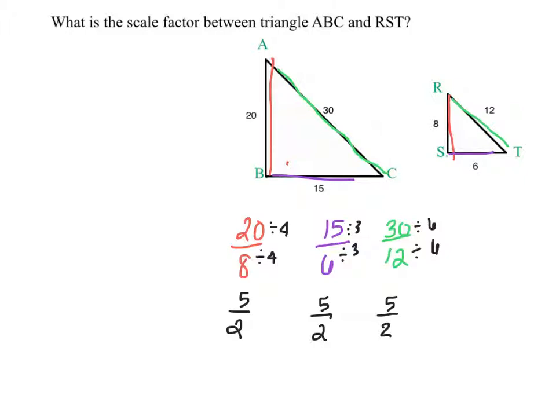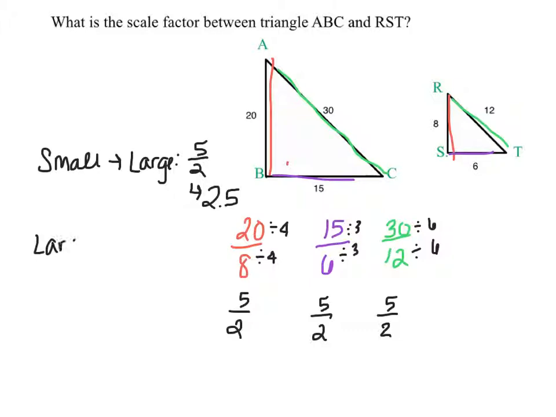So my scale factor when I go from my small to my large triangle is 5 over 2. But if we do divide that out, 5 divided by 2 is 2.5. So the scale factor is 2.5. However, to get from the large triangle to the small triangle, my scale factor would be 2 over 5.